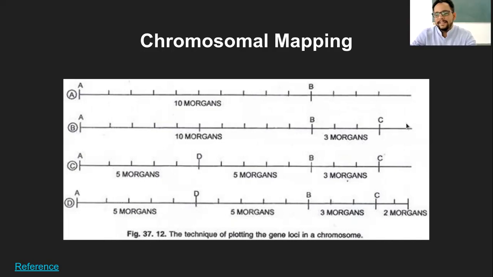Effectively that would be the same as one gene remaining there while this whole other part of the chromosome goes up. It would effectively be the same.